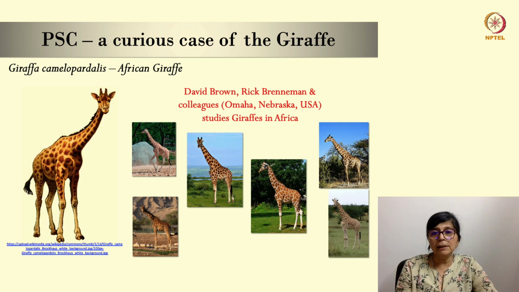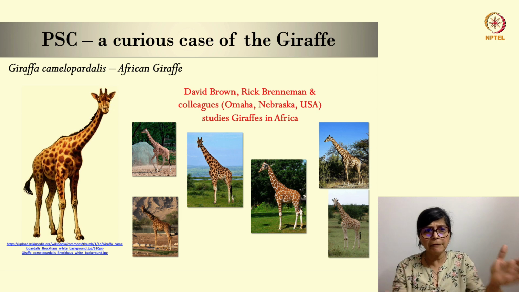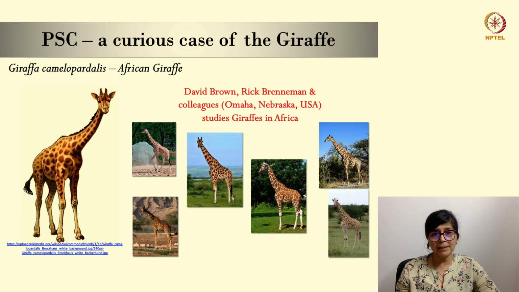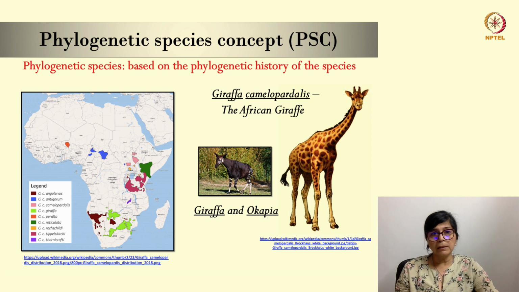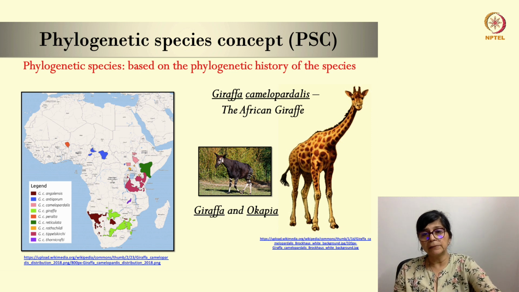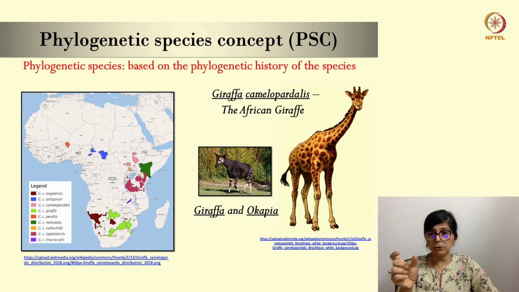Now, the question of course came to their mind: are they the same species? Of course, we know that they are African giraffe, and we have named them Giraffa camelopardalis, right? They are the same species. So why is the confusion coming? Just before going into that, based on phylogenetic history, the genus Giraffa and Okapia are very closely related.